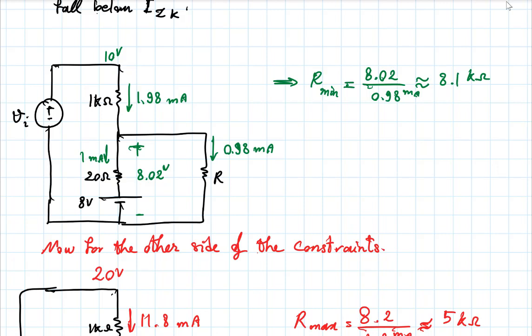Let's choose something that satisfies R min. Let's take 10 kilo ohms. Is there a problem then? Well, let's see. If you have 10 volts at the top there, and if you try to maintain 1 milliamp through the Zener, you still have the 8.02 volts.